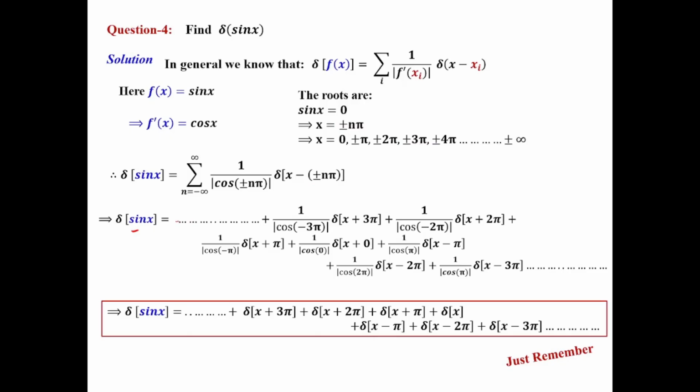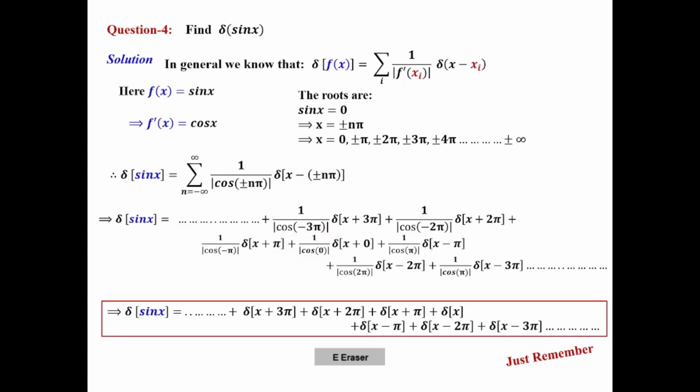It is difficult to represent all the values, from minus infinity to 0, then 0 to infinity. Some of the terms I have represented over here. Just consider the term for −3π: 1 by cos(−3π), delta(x + 3π). Before that, the term is 1 by cos(−4π) delta(x + 4π), like that.